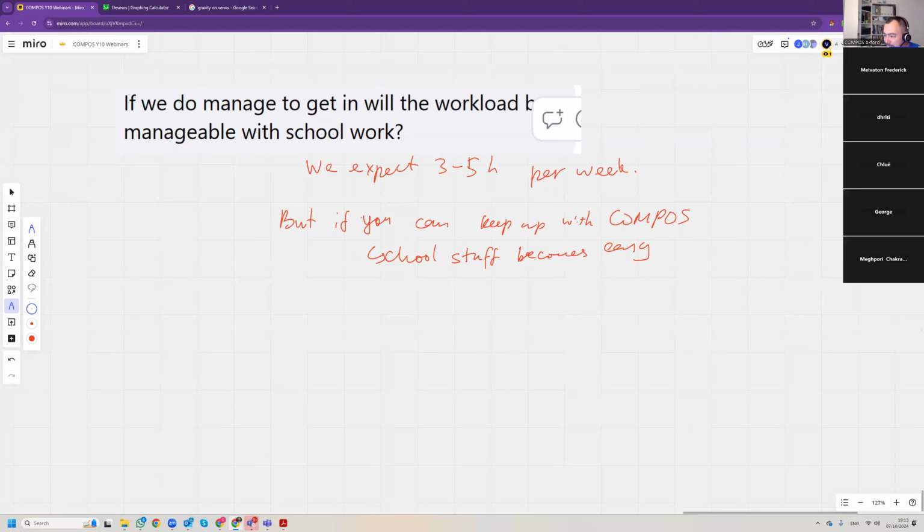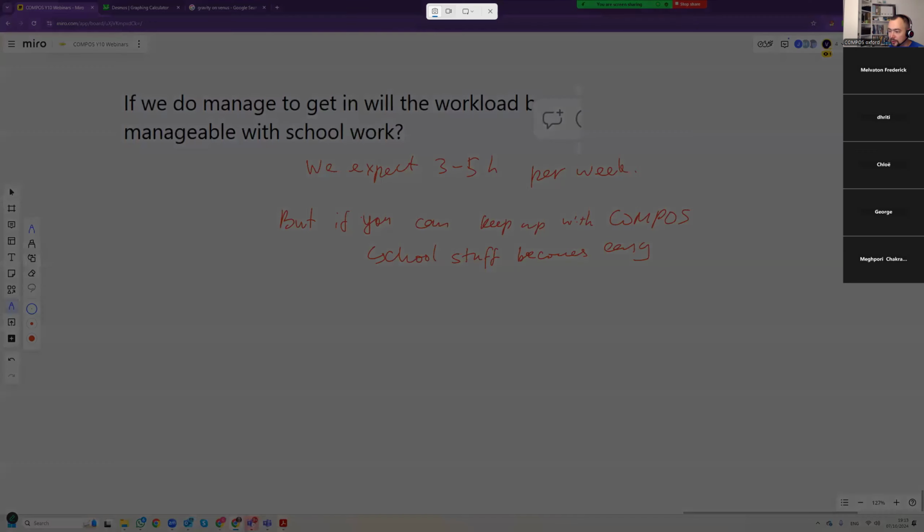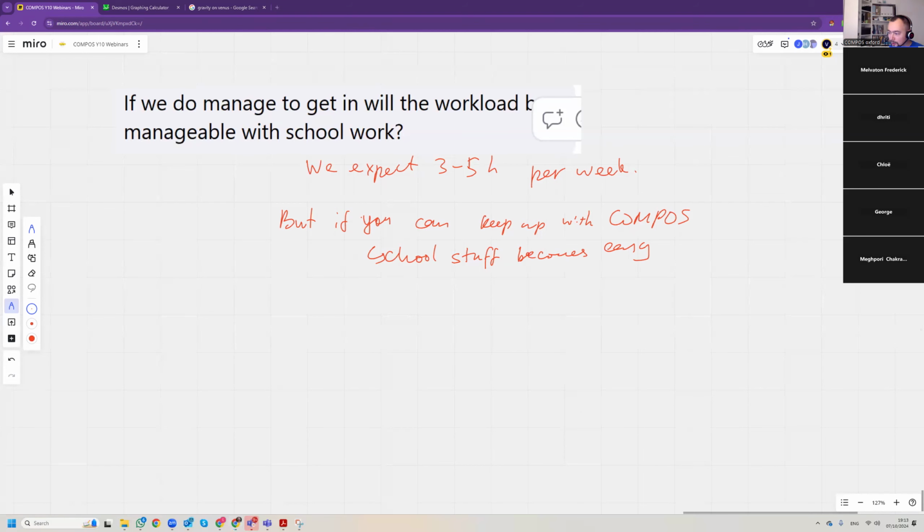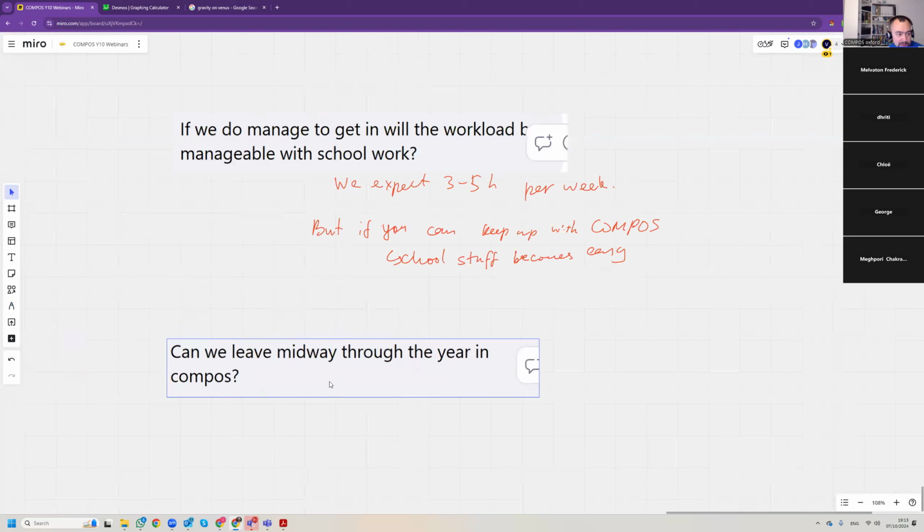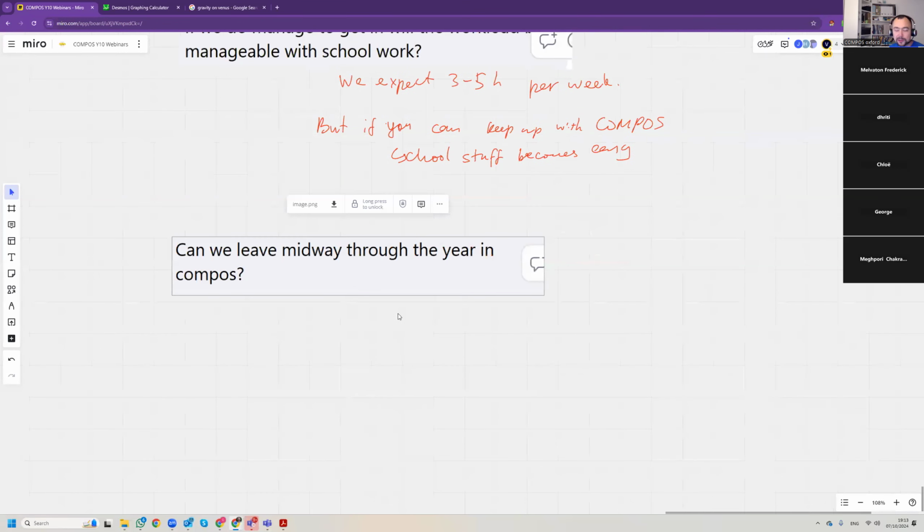Can we leave midway through the year in Compos? Ideally not, because once you get in, we pay for your place, right? Your place costs us about £975 per place.